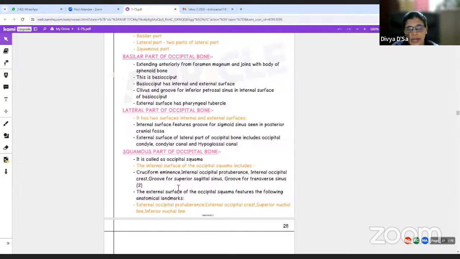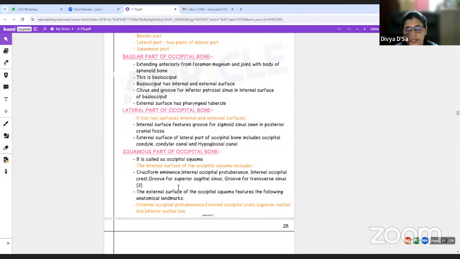The lateral part of the occipital bone will have 2 surfaces, the internal and external surface. On the internal surface, we see the grooves for the sinuses, such as the sigmoid sinus, seen in the posterior cranial fossa. The squamous part of this occipital bone is known as the occipital squama.